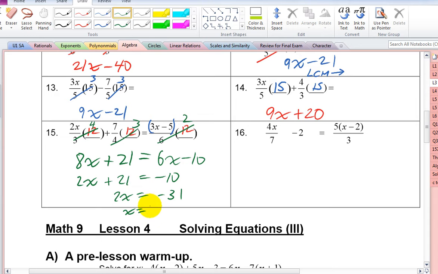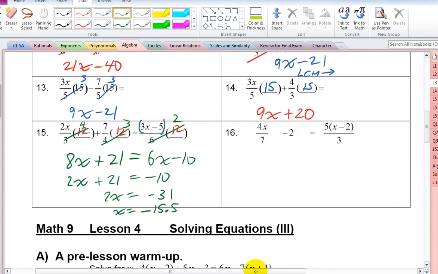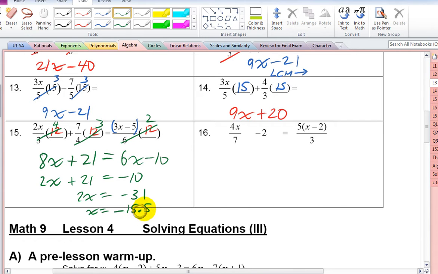So x equals negative 15.5. Okay. Most of the times we're not going to get decimals, we leave it as a fraction. So negative 31 over 2.